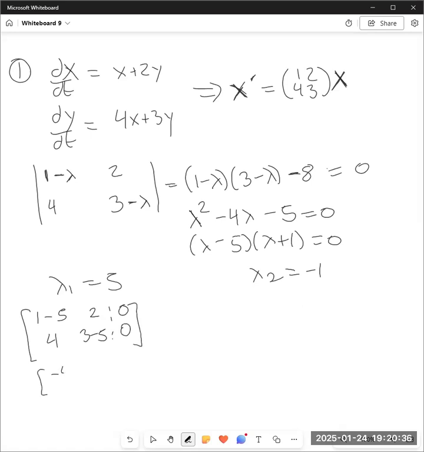So that's negative 4, 2, 0, 4, negative 2, 0. You should always get that the second row is dependent, that this is a dependent system. You're going to end up with a row of zeros always, all the time. So when I RREF this, at least one row of zeros you'll end up with.